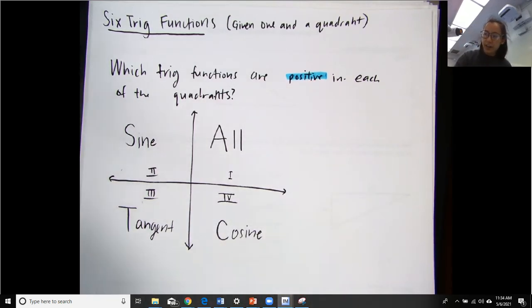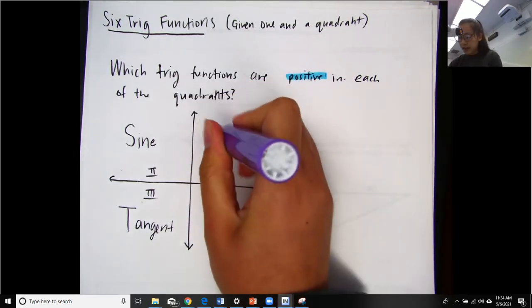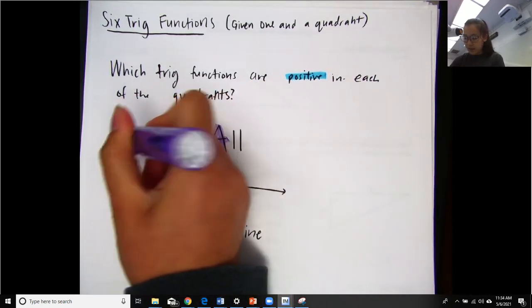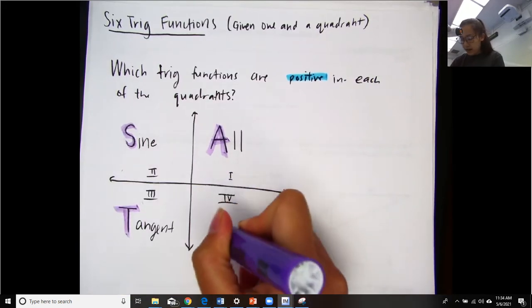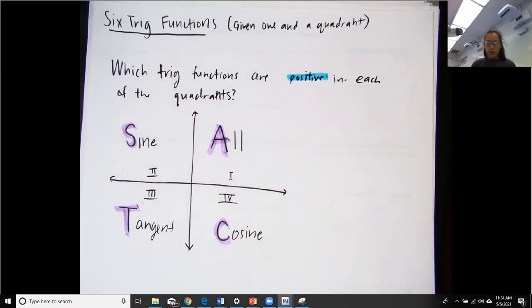Okay, so generally we use the mnemonic all students take calculus, or something of that nature, to remember which ones are positive in which quadrant. And of course, since these trig functions are paired with a reciprocal function, those will also be positive in the corresponding quadrants.